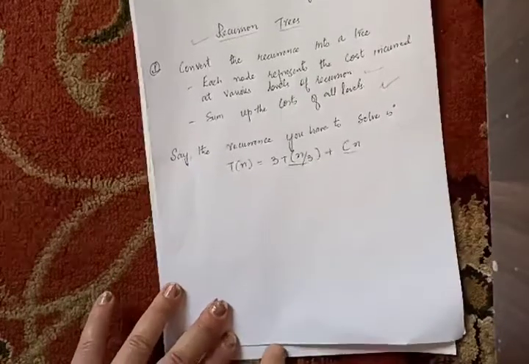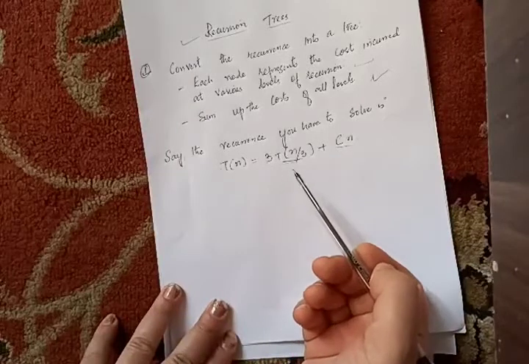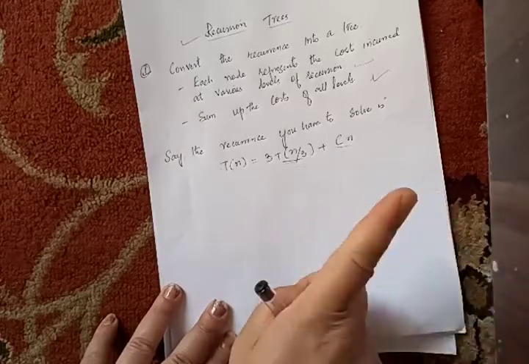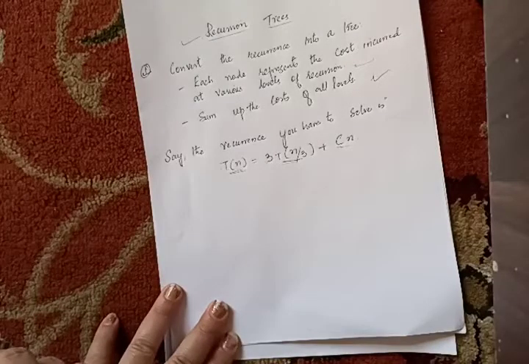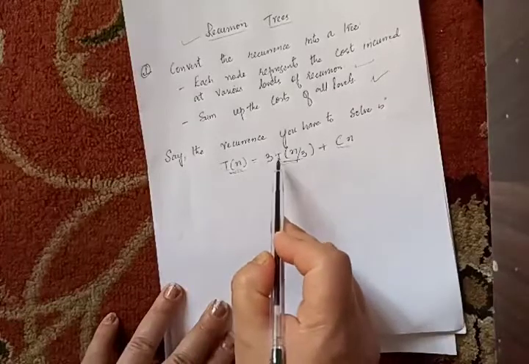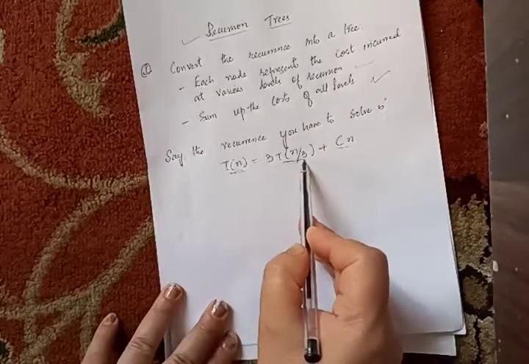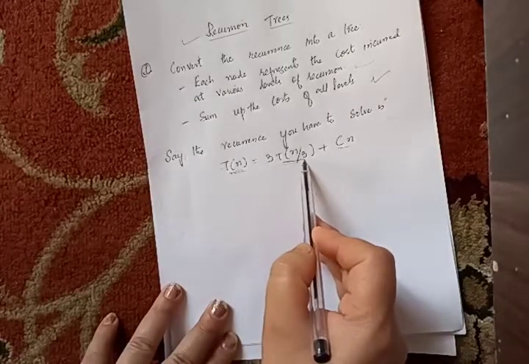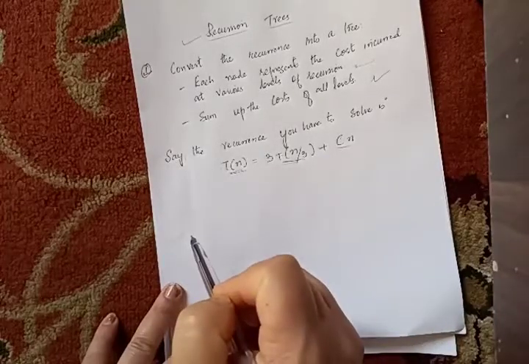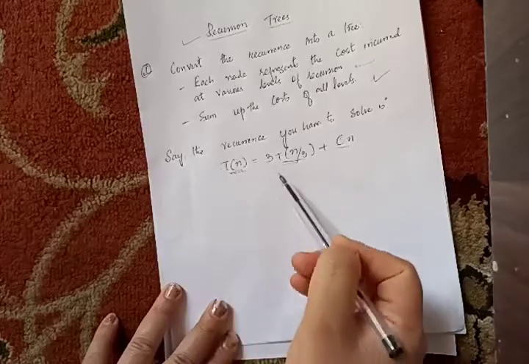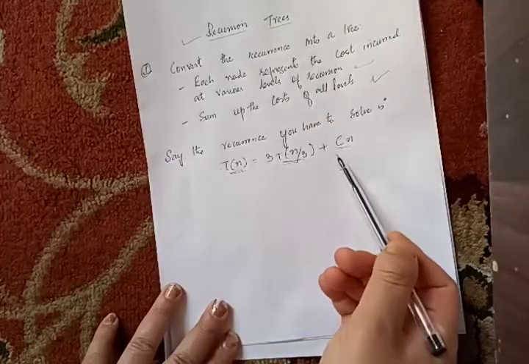So we start building a recursion tree with a single node, and that single node is T(n). In each step we will replace T(n), or in general T(n/b), with its corresponding value as given by the right hand side of the equation.